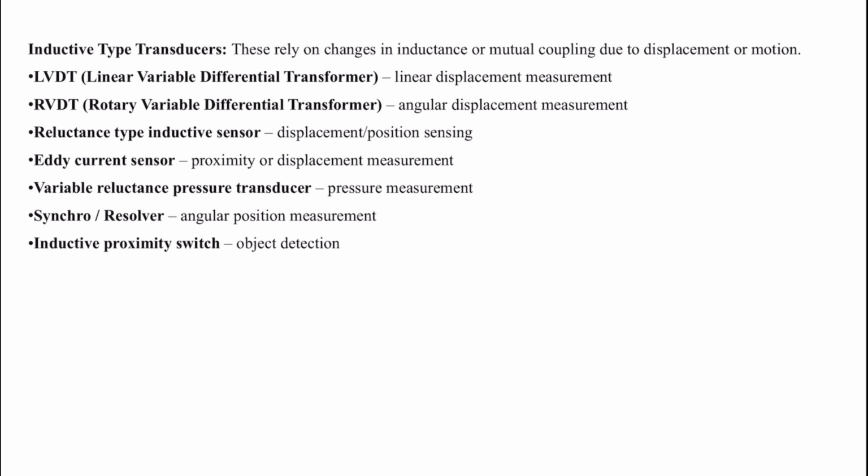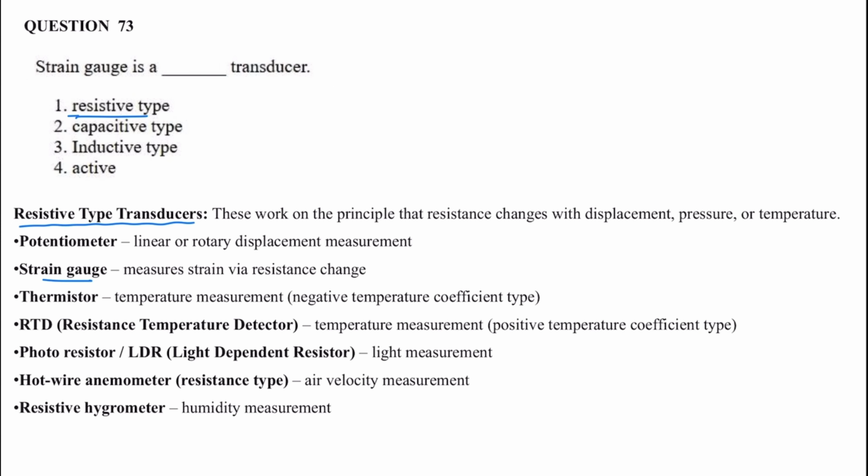And different types of inductive type transducers are LVDT, linear variable differential transformer, RVDT, rotary variable differential transformer, reluctance type inductive sensor, eddy current sensor, variable reluctance pressure transducer, synchro or resolver, inductive proximity switch. These are the different inductive type transducers. In the question, strain gauge belongs to resistive type transducer.